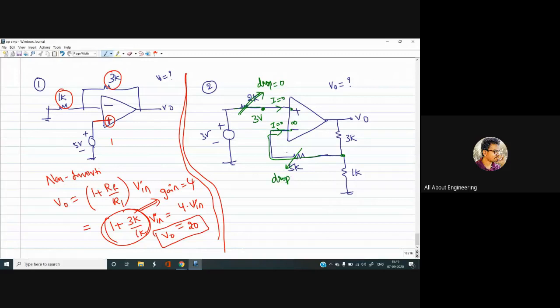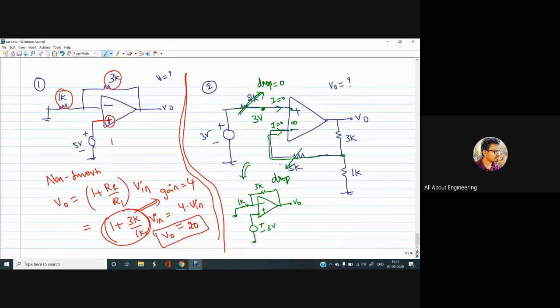So now you can redraw the circuit, or modify the circuit in this fashion, because we usually study the circuits by placing the negative terminal on top and the positive terminal at the bottom. Until you become familiar that both are similar, you try to redraw the circuit so that you'll get command. Once you get command, then you can solve without redrawing the circuit itself. Now if you look, I have redrawn the same circuit in this fashion.